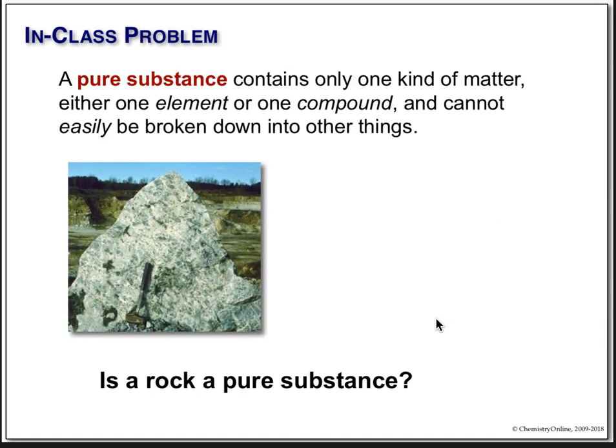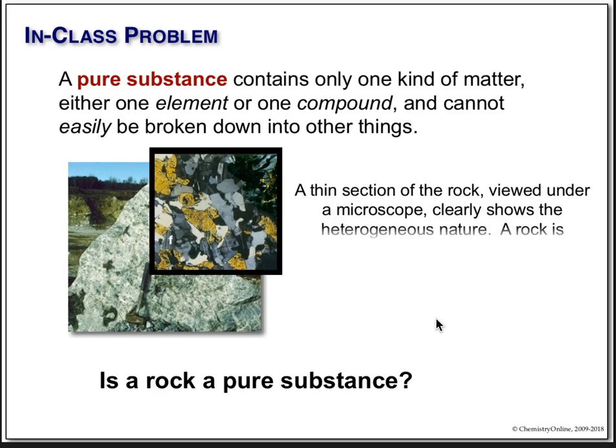All right. There's a rock. Is a rock a pure substance? Well, it's pure rock. That doesn't count. If you actually take a rock and do a thin section, look at it under a microscope, you'll see that it's an aggregate. It's lots of little rocklets squished together.